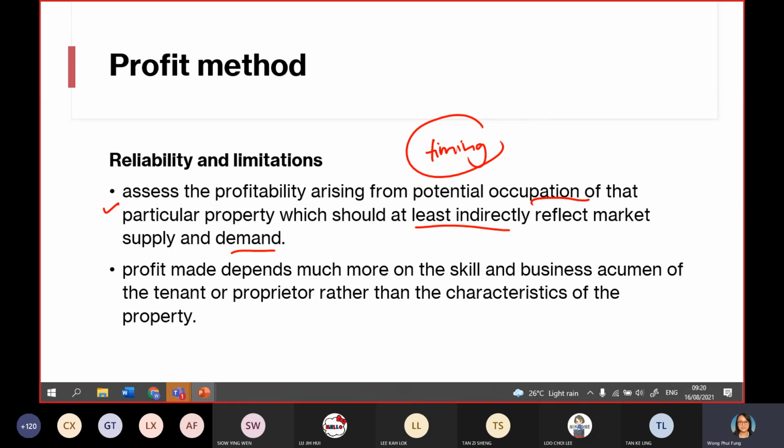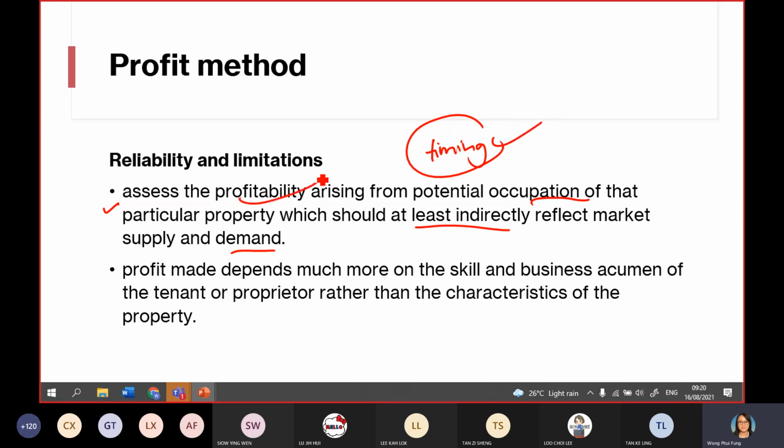Supply and demand is very good. So when you take over the hotel during that period, the value you get should be very high as compared to today. When you take over the hotel now, the value should not be so good because demand and supply at different timing is different.